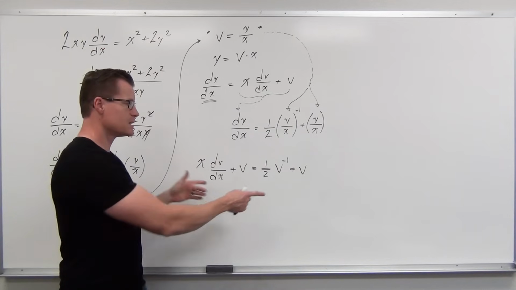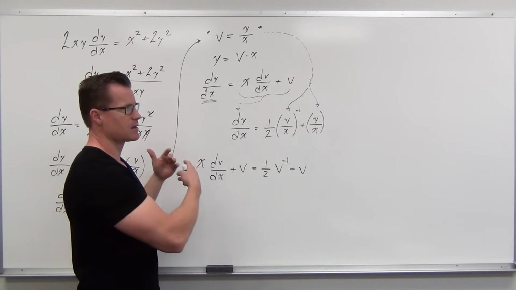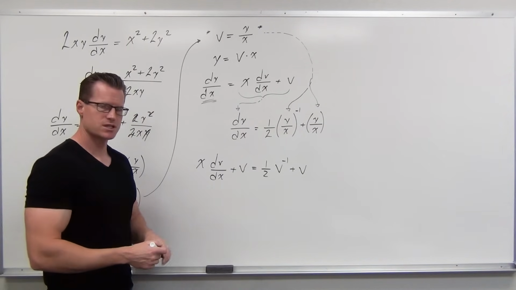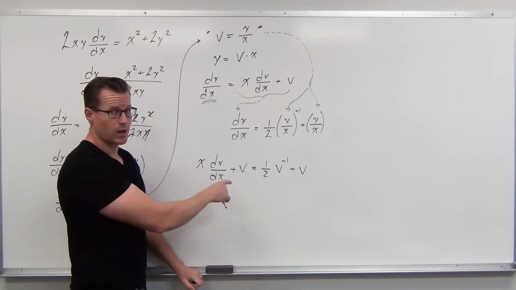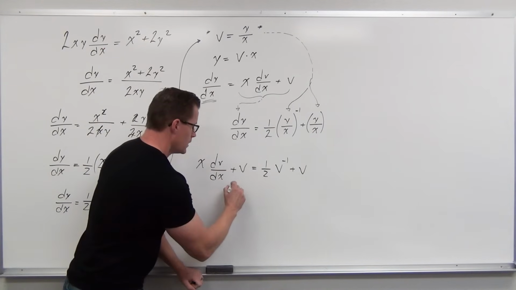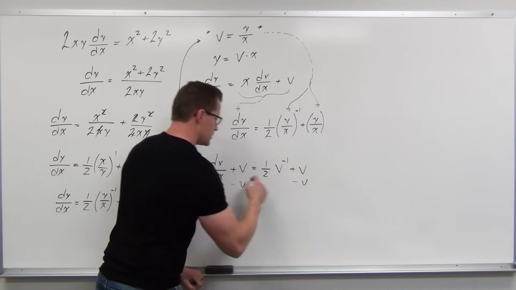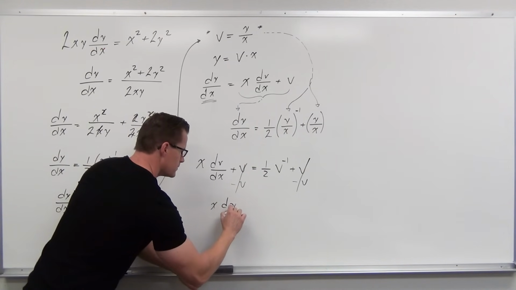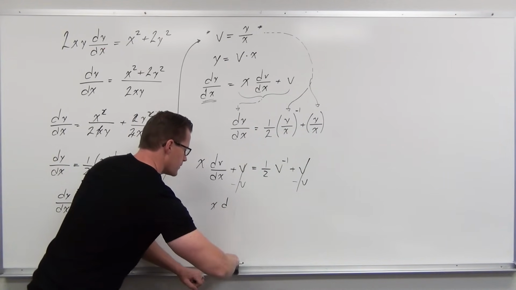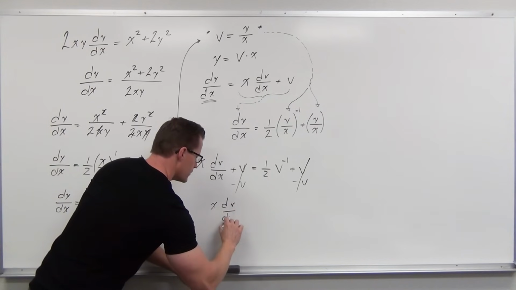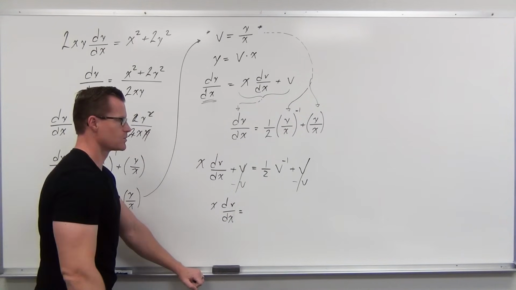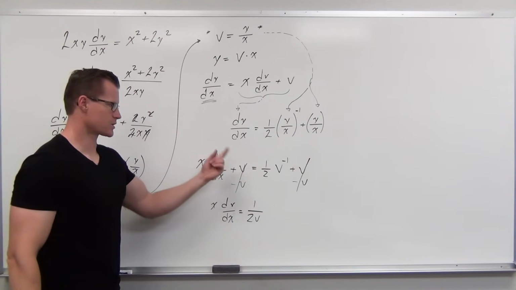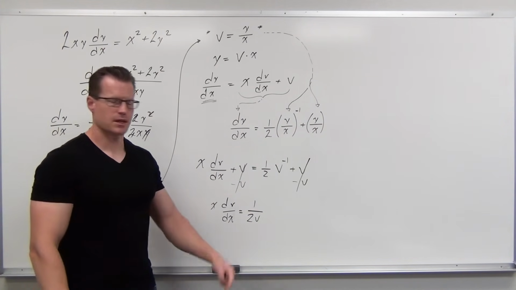Let's do it. Let's see if we can make something out of this that we already know how to do. One thing you might want to do is just start simplifying. So this happens quite a bit too. This is fun. What if you subtract v? Well, then this is all gone. Then we get x dv dx equals, I'll probably write this as 1 over 2v, just because that looks a little bit nicer instead of v to the -1 power.